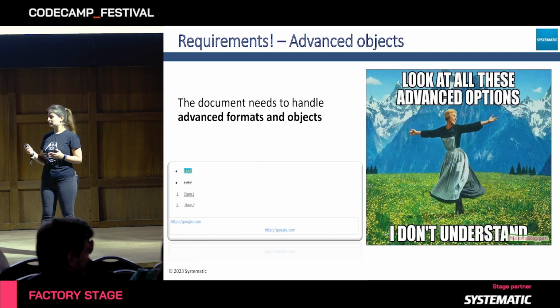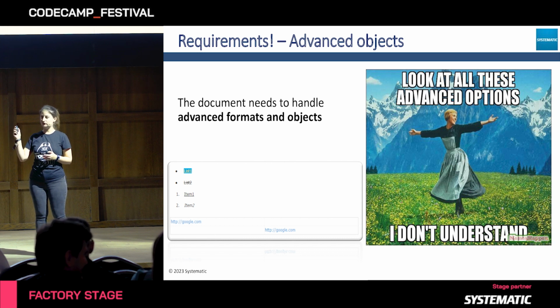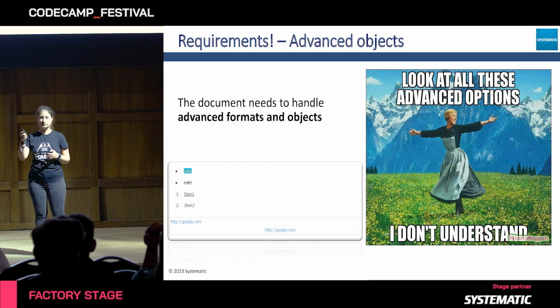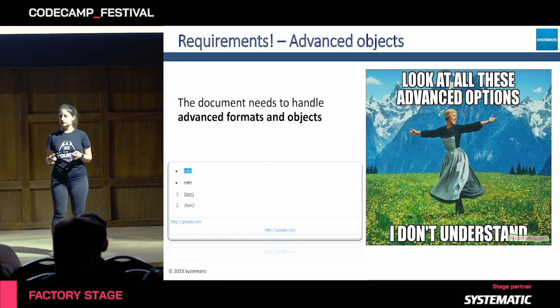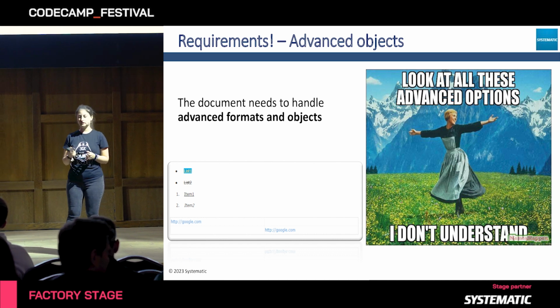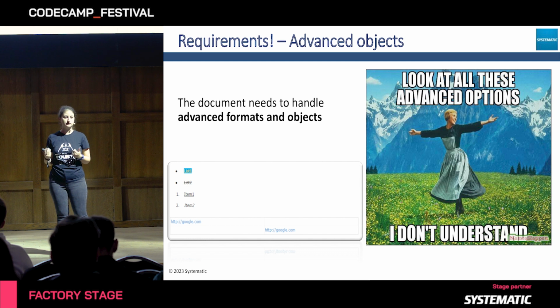So, for example, things like changing the format of a text to bold, italic, and so on, having lists, headings, tables, images, videos, and so on.